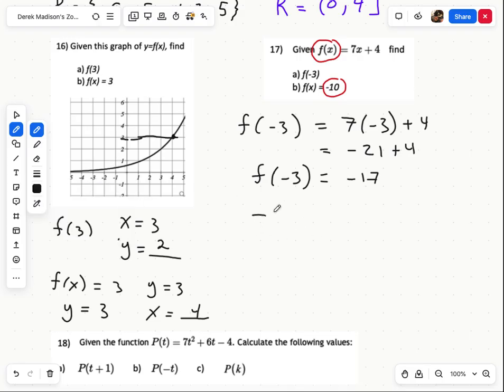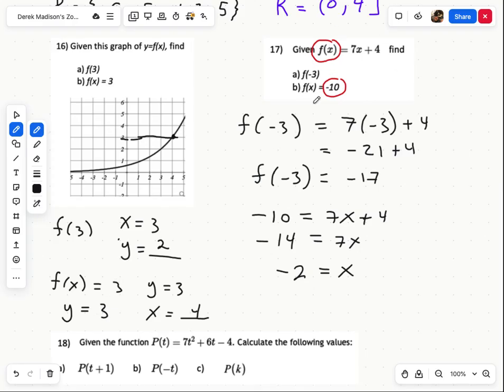So we do that, we'd have -10 equals 7x plus 4. Subtract the 4 over and get -14 equals 7x. Divide both sides by 7, and -2 equals x. So if I plug in -2 into this equation, that's the value that gets me an output of -10.